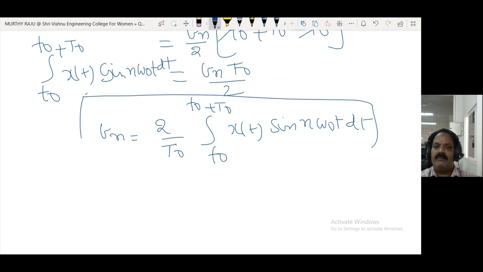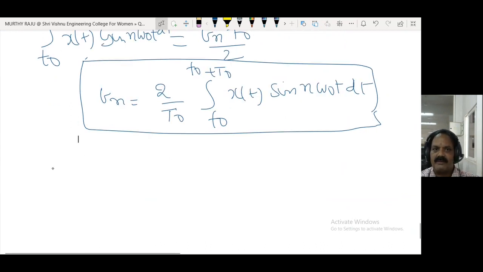These are the Fourier series expansion coefficients.